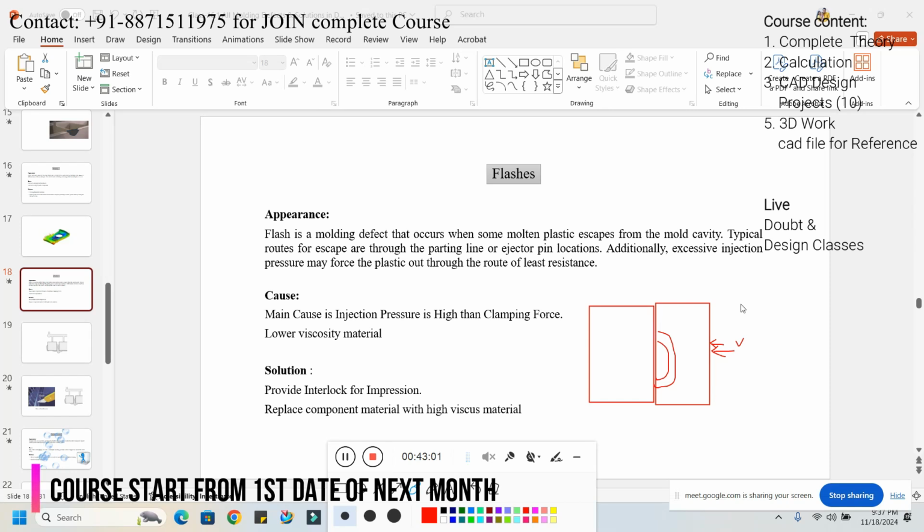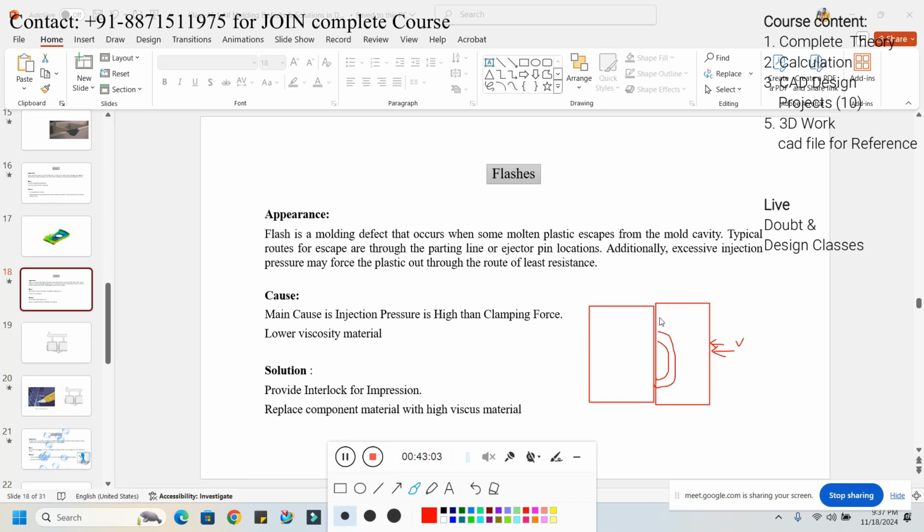For example, if the clamping force is lower than the injection pressure, then it will jump the mold, and it will create the flashes. Understood? Basically it is not clamping the mold in a proper way during the injection.